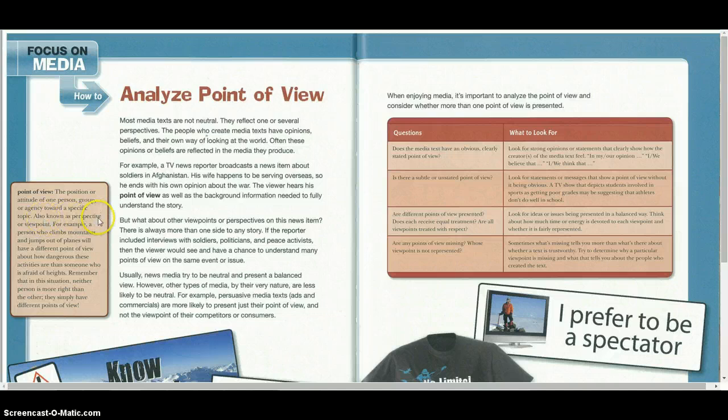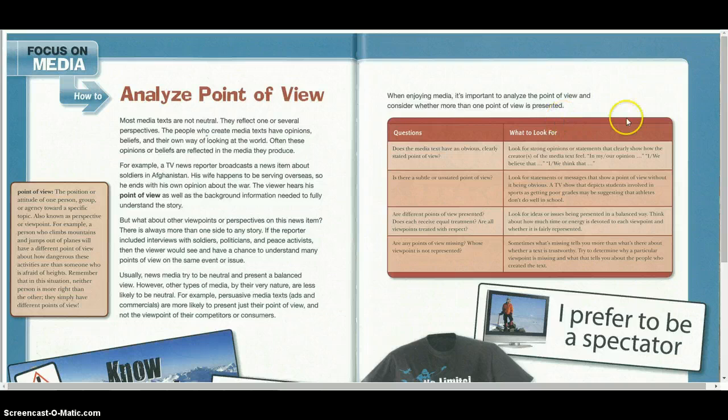This is also known as perspective or viewpoint. Here's an example. A person who climbs mountains and jumps out of airplanes will have a different point of view about how dangerous these activities are than someone who is afraid of heights. Remember that in this situation, neither person is more right than the other. They simply have different points of view.